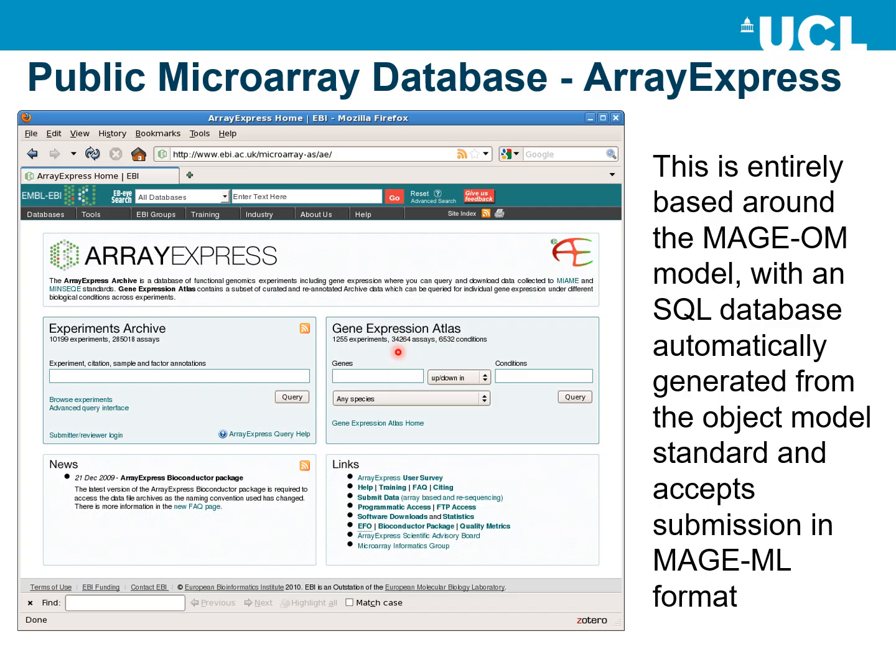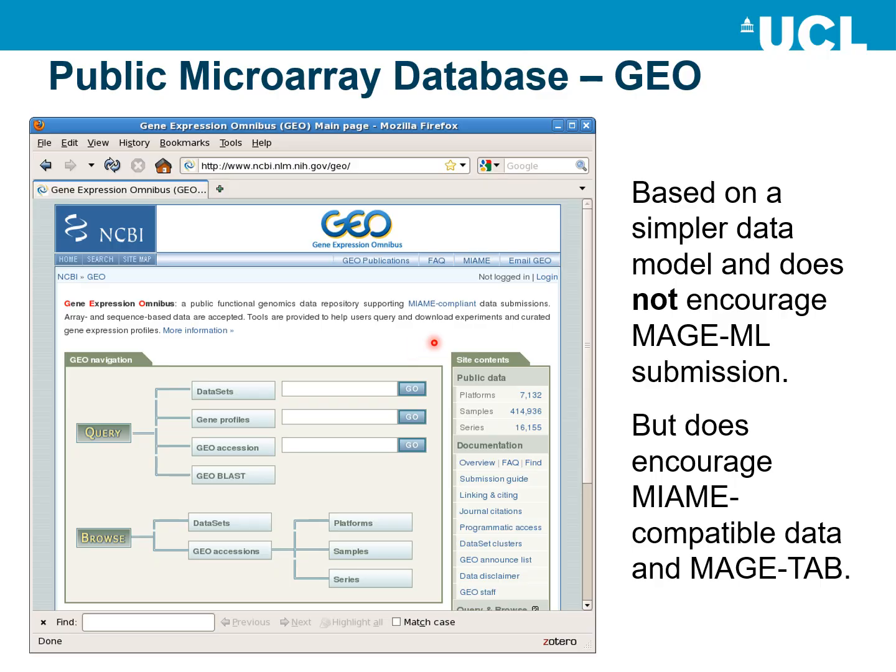So those assays are microarray experiments, so about 34,000. And at the same time, the other database had 414,000, so quite a significant number of samples compared to ArrayExpress. So this is the GEO, NCBI Gene Expression Omnibus.